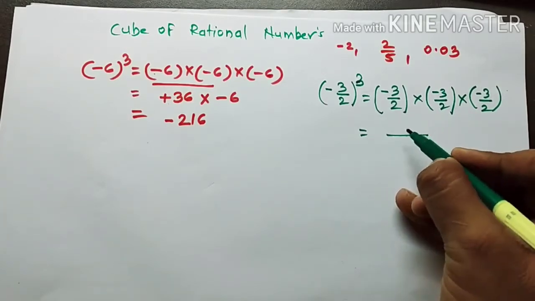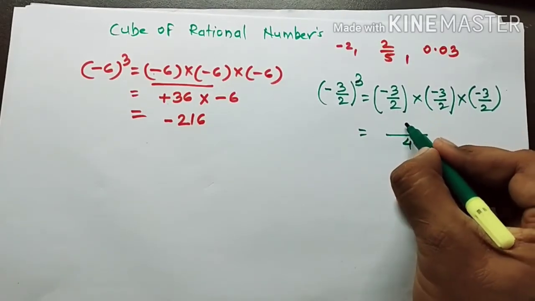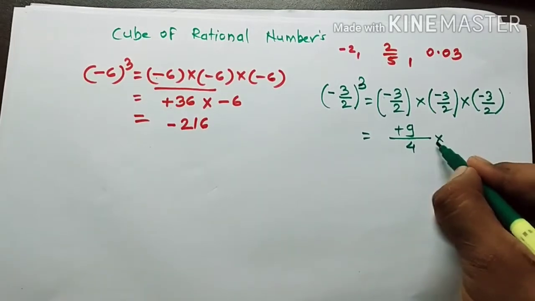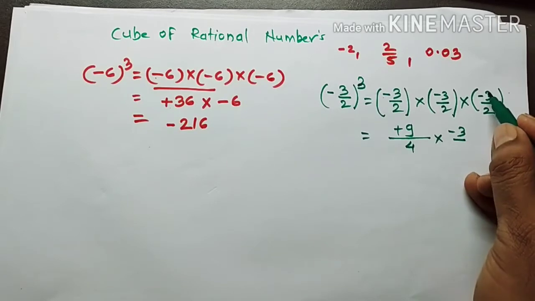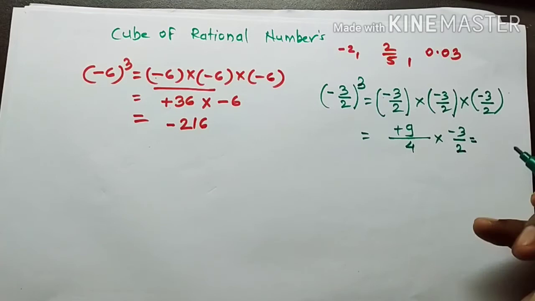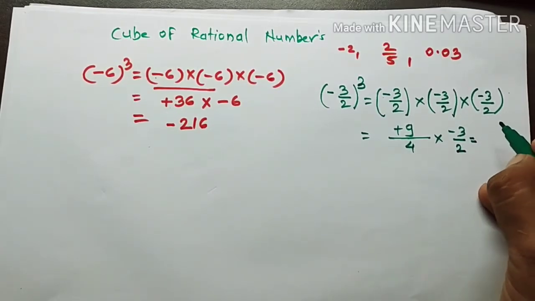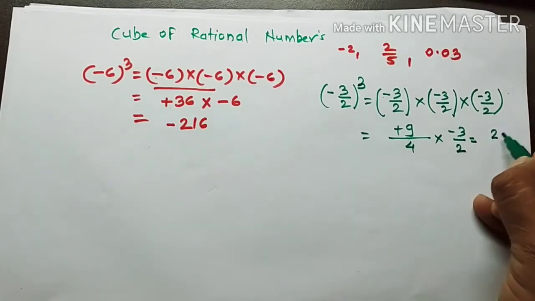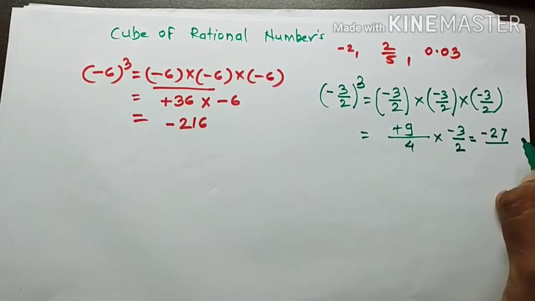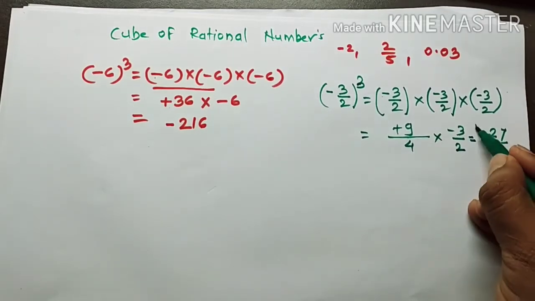It is a simple way. 2 into 2 is 4, 3 into 3 is 9, minus into minus is plus, minus 3 is the remaining term. Now we get 9 into 3, 27, but the sign is minus, and 4 into 2 is 8. This is the answer.